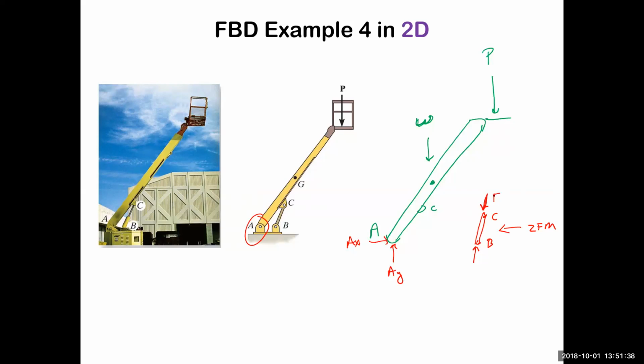So you can call this force FC times, if you care for it, UCB, right? And this is the same magnitude, FC times UBC, just going in the opposite direction. We know the direction, right? So we know the direction of FC that member must be experiencing.